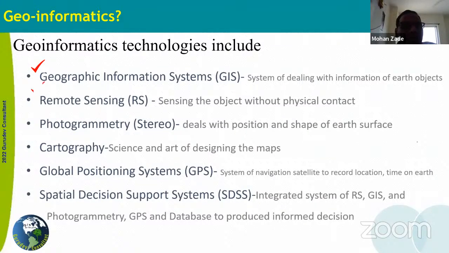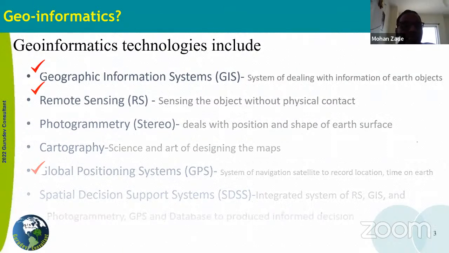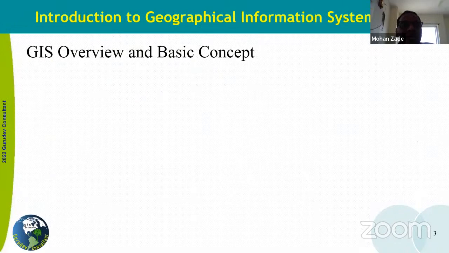Today we will talk about some geographical information systems and remote sensing, and then global positioning systems. GIS. This is just an overview.